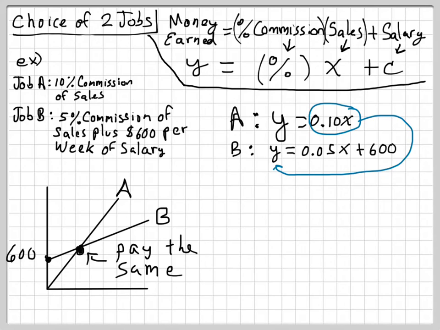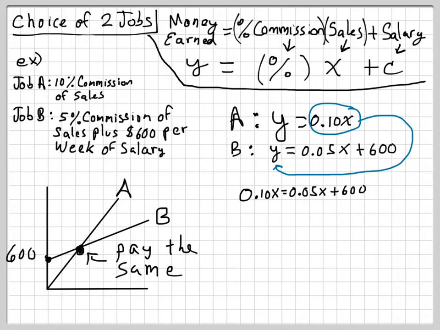So if that's the case, I can do a simple substitution. Since y is equal to 0.10x, I can simply substitute that 0.10x into the y in the bottom equation. And after I do that, there's the equation that I have to solve.